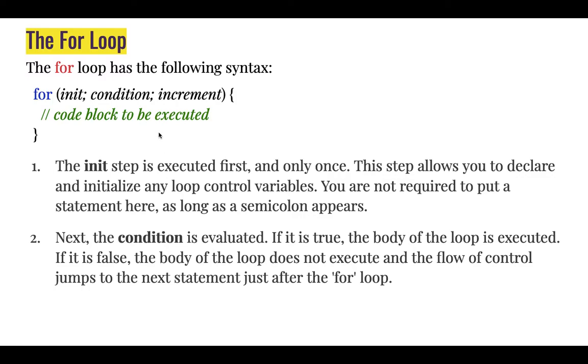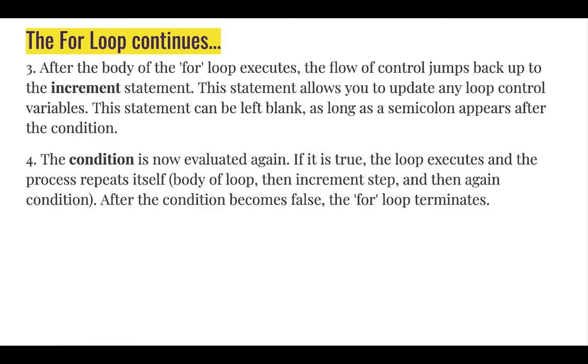If the condition is true, like the if statement, the body of the loop will be executed. If it is false, the body of the loop will not be executed, and the flow of control jumps to the next statement. It just breaks out.